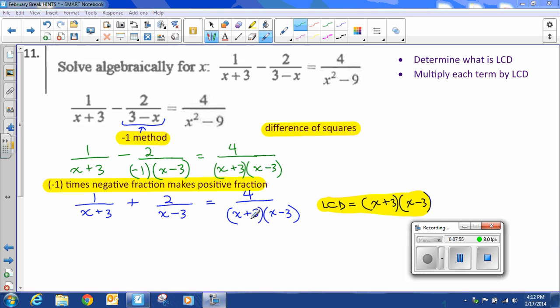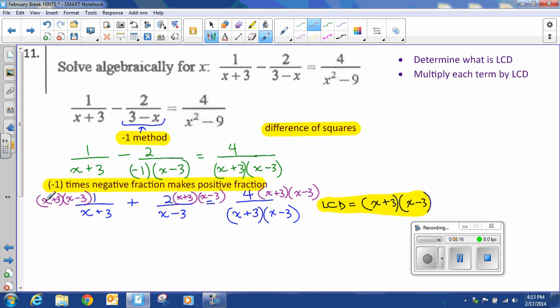It's the least common multiple. So we want to multiply every term, this first one, this second one, and this third one, by x plus 3, x minus 3. Okay, so I paused the video and I actually wrote in x plus 3, x minus 3 times each one of these terms, and now we can go through, we can cancel.